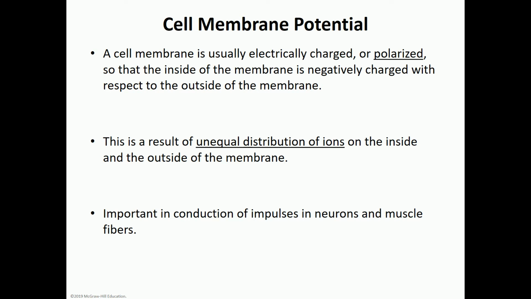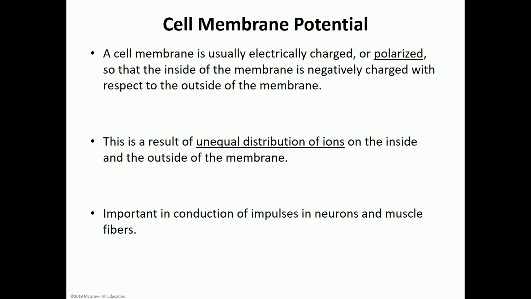And because we have a positive side and a negative side, we call that polarization. So across the cell membrane, there is a polarization where, again, intracellularly, the inside of the cell is negative in comparison to the outside of the cell. So again, the inside of the membrane is negatively charged with respect to the outside of the membrane.